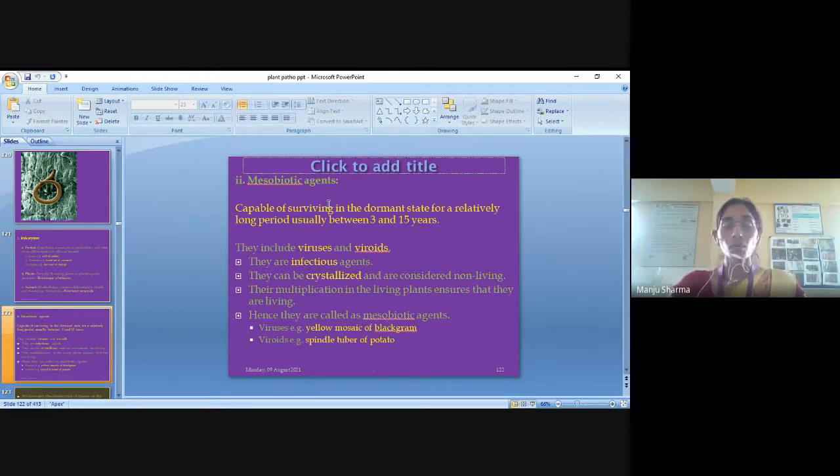Their multiplication in living plants ensures that they are living, yet they can be crystallized and are considered non-living. Hence, they are called mesobiotic agents. Viruses, for example, yellow mosaic of black gram, and viroids, which cause the disease spindle tuber of potato.